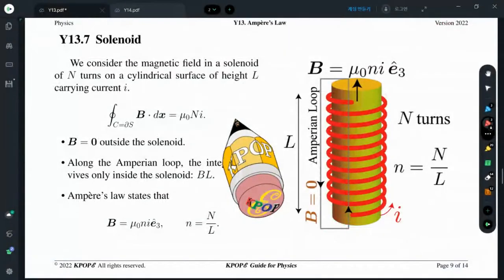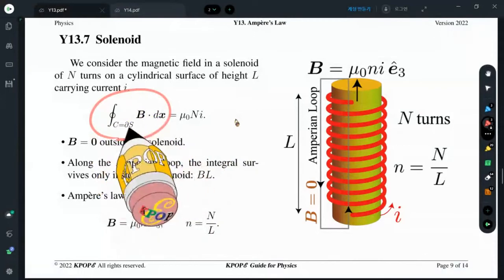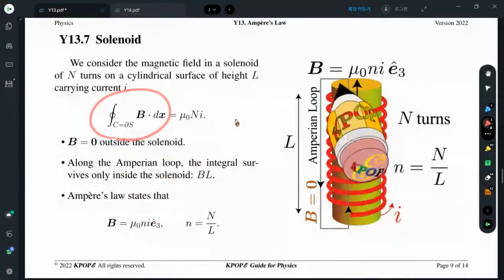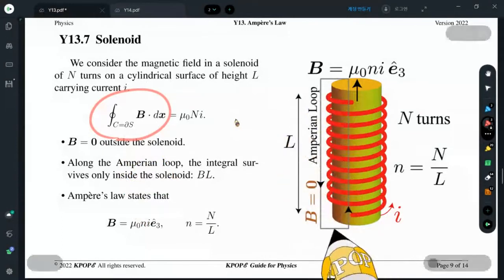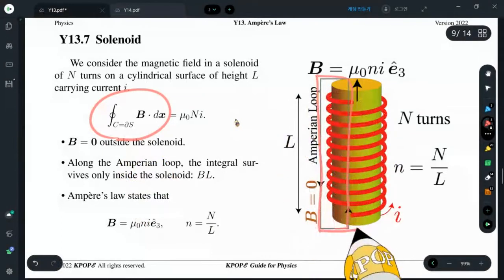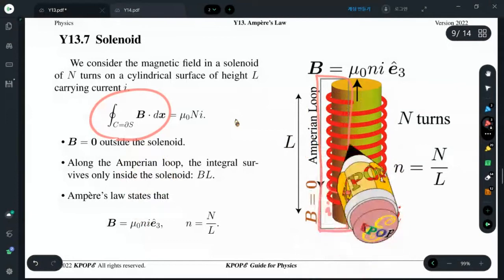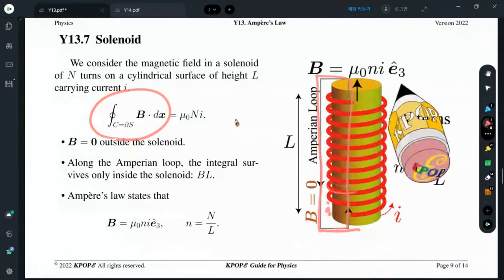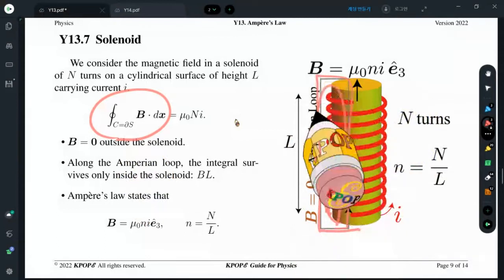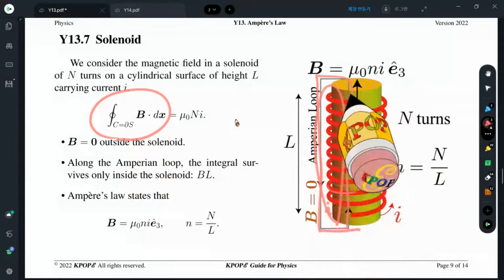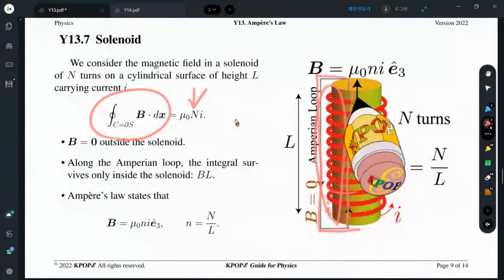Solenoid. Use this Ampere's law many times. For example, we have a loop. Choose this loop, you will find current I flows out, but there are many turns, then the amount of current passing through this closed path is proportional to the number of turns.